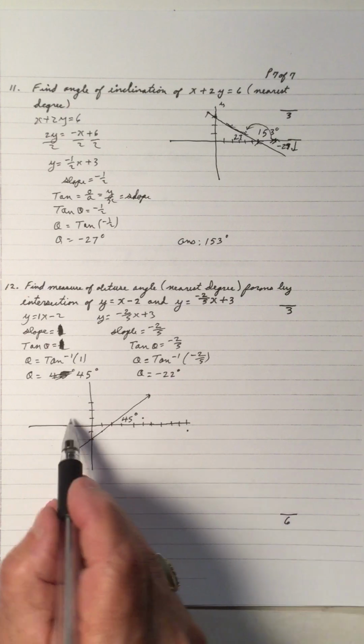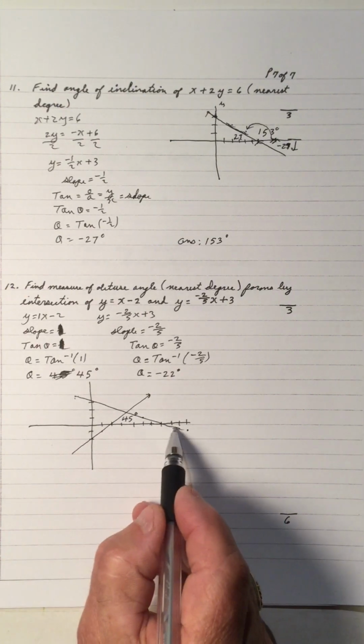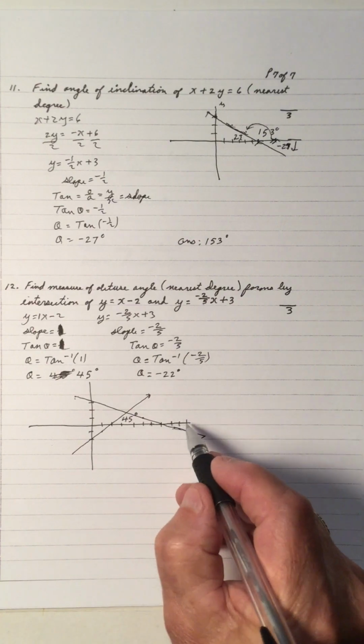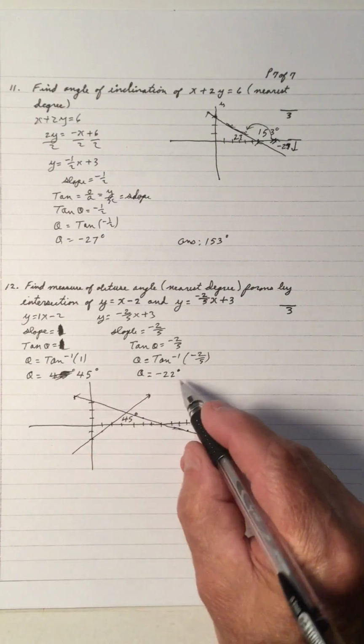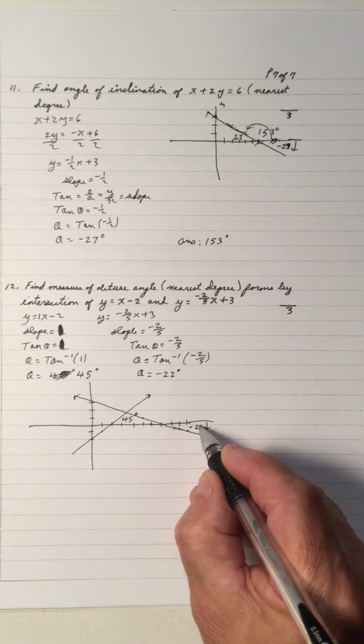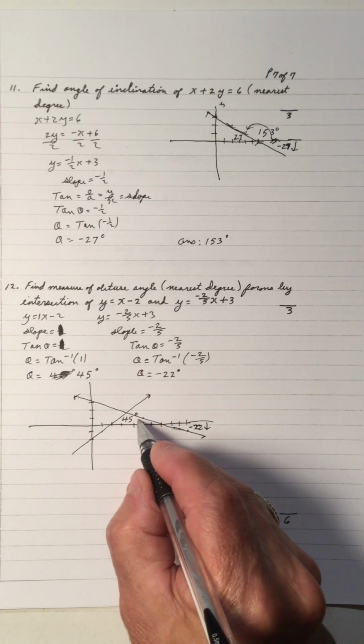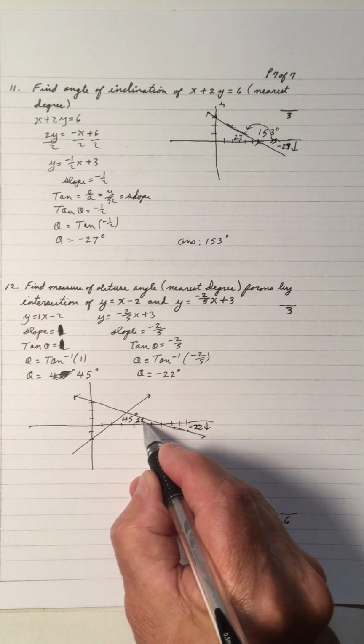So there it is. Because the slope is negative, the angle of inclination is negative 22 degrees going this way. Vertically opposite angles are equal, so this angle is 22 degrees.